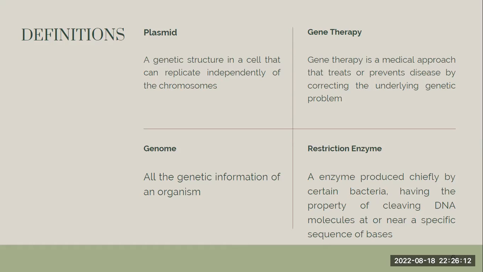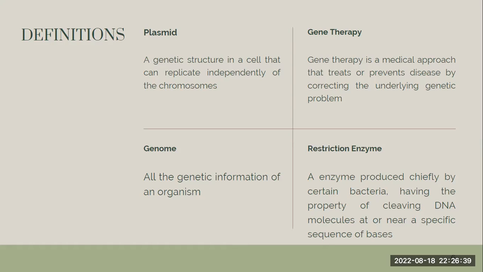Ellen, would you like to read what a restriction enzyme is? An enzyme produced chiefly by certain bacteria having the property of cleaving DNA molecules at or near a specific sequence of bases. Okay, good. So with having these definitions, we can better understand recombinant DNA technology.